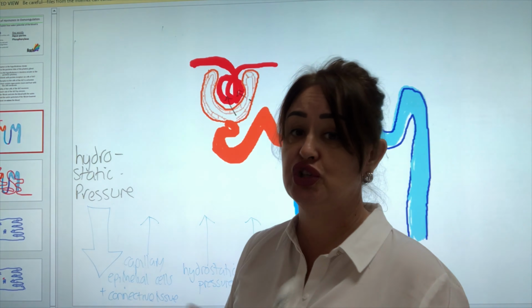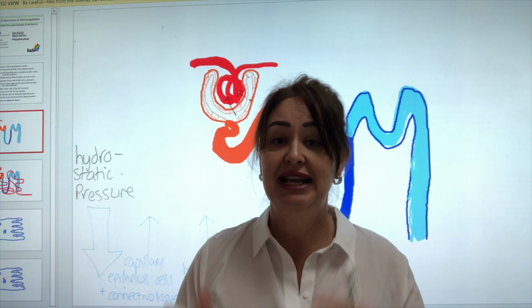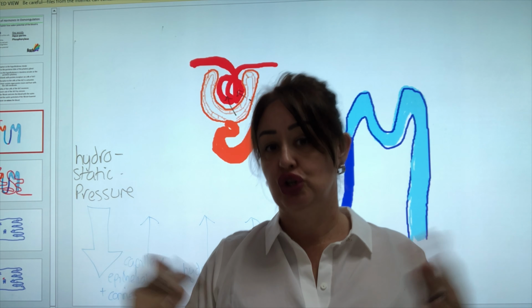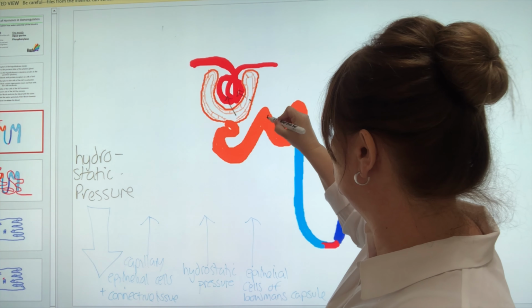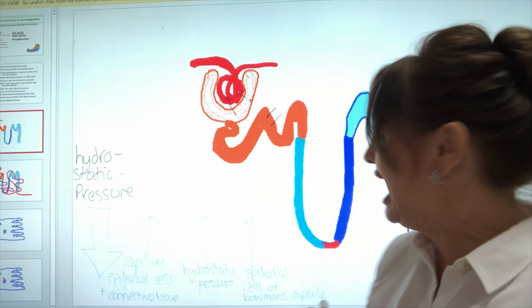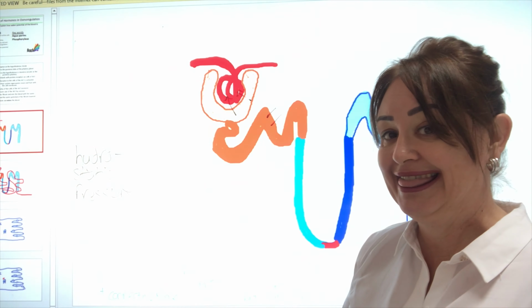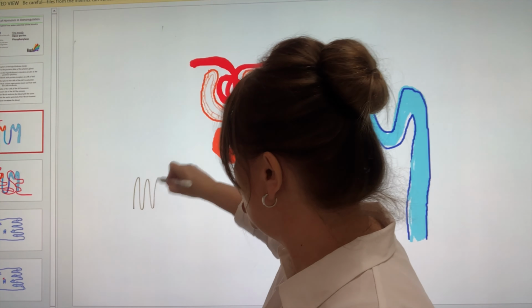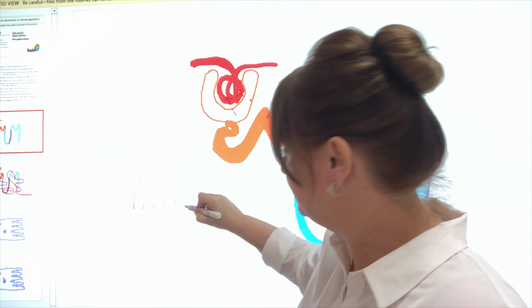Now, the proximal convoluted tubule is exactly what it says on the tin. Proximal, next to; convoluted, twisted; tubule, tube. So let's just have a little look at one of the cells that would line that tubule. It kind of looks like this. It is adapted to its function because it's got a lot of microvilli.